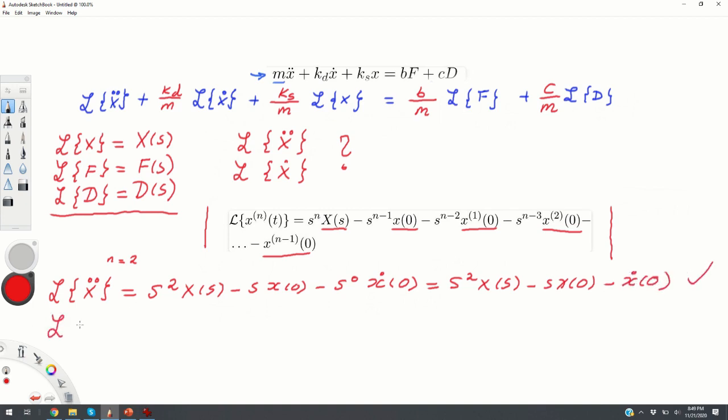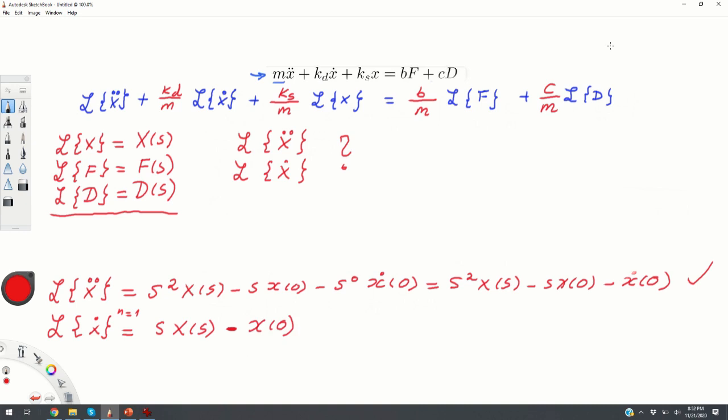How about the Laplace transform of x dot? In this case, n is equal to 1, so we obtain... and I'm going to skip a few steps and simply write the final expression. Since n is 1, this becomes s to the power 0, and we simply have minus x of 0.